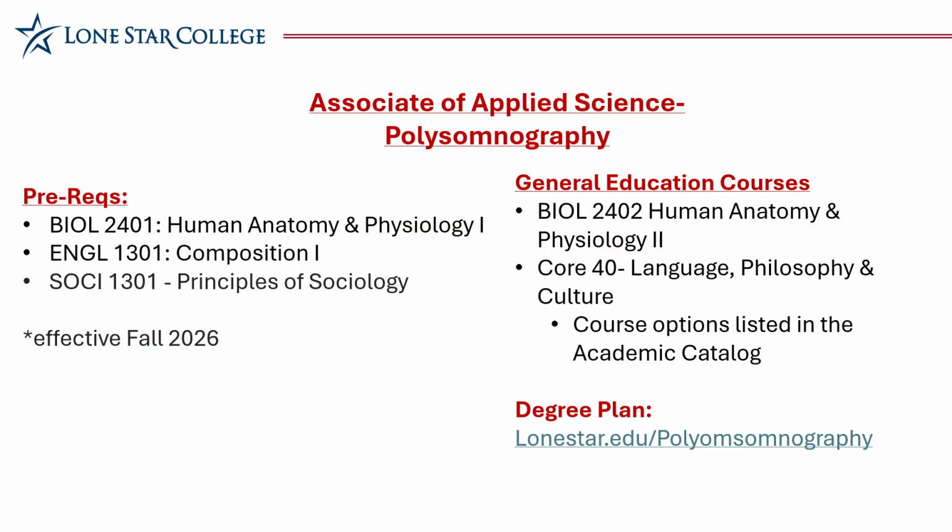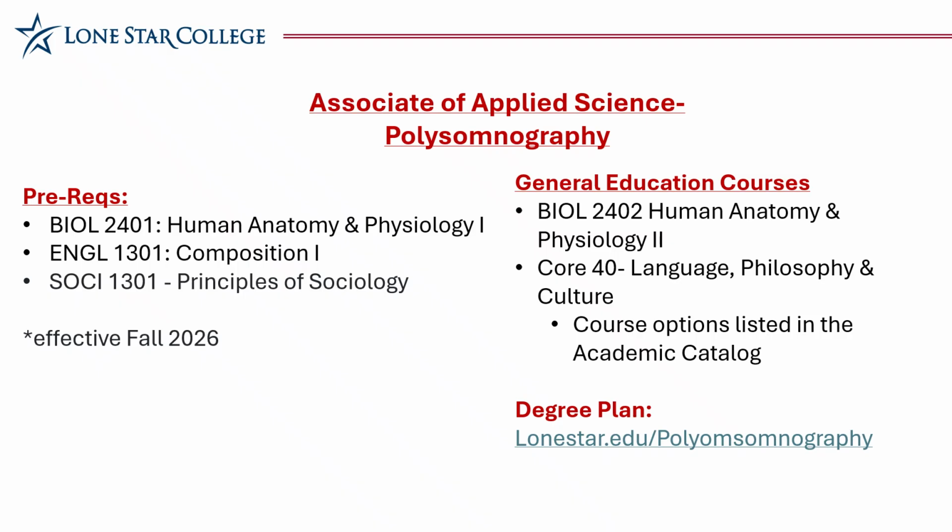So our program, there are 3 prerequisites that are required to be considered an applicant for our program. These have changed and they will be effective this fall of 2026 application period. So it's A&P 1, English 1301, and then Sociology 1301.